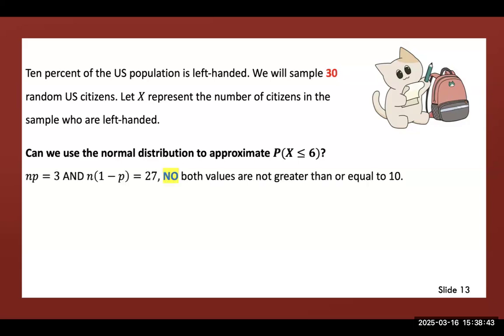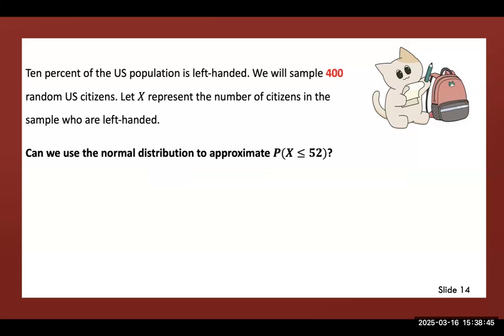Here I have the same problem, but look at what I did. I changed the sample from 30 to 400. Is 400 large enough? And can I use the normal distribution to approximate the probability X is less than or equal to 52? It doesn't matter what probability I want to find. Let's just start off by seeing if the sample is large enough. So I'm going to take 400 and multiply by 10%, and I'll get 40, right?